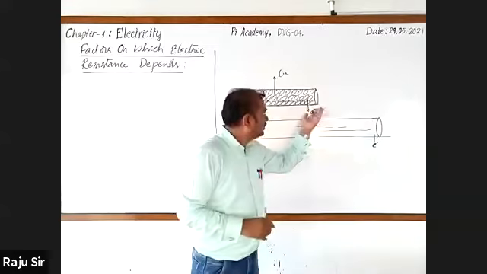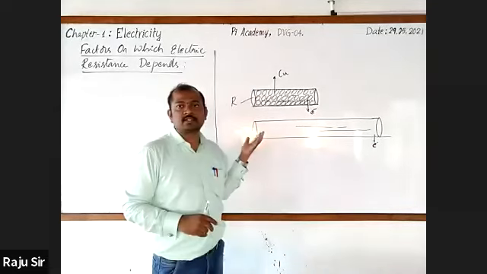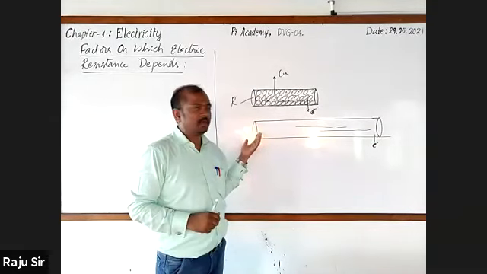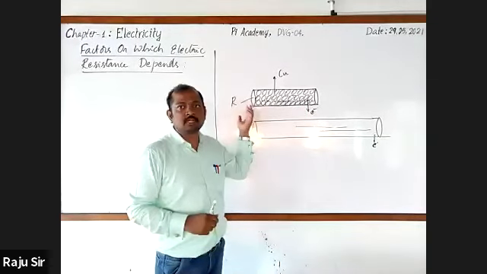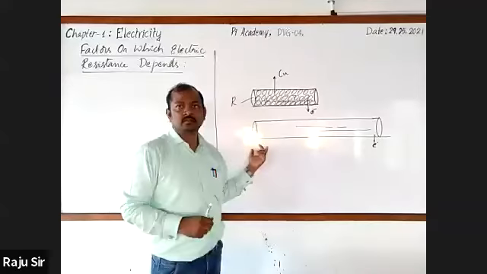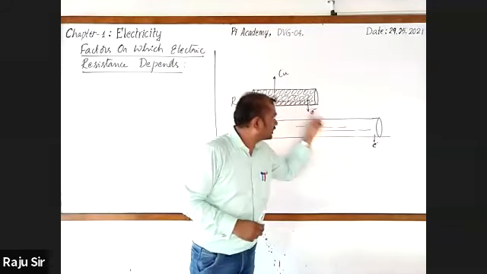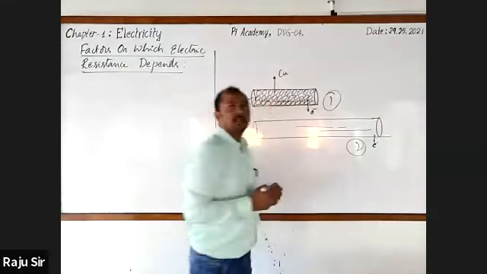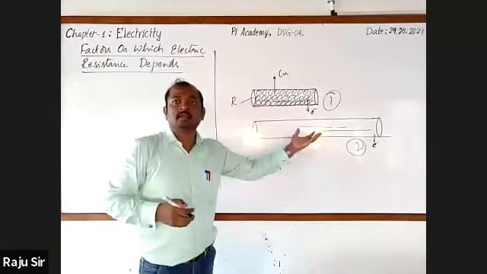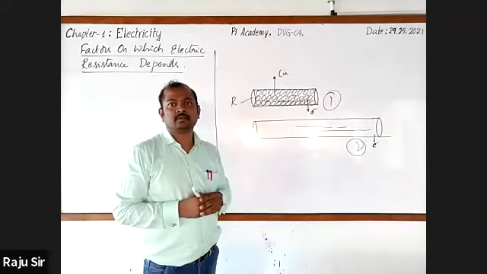Observe here. In both the cases, electrons are moving. But in the first case, electrons will travel for a shorter distance. Second one, longer distance. I take this as the first electron, second electron. In which of these two will the electrons get more opposition? Second one, sir.